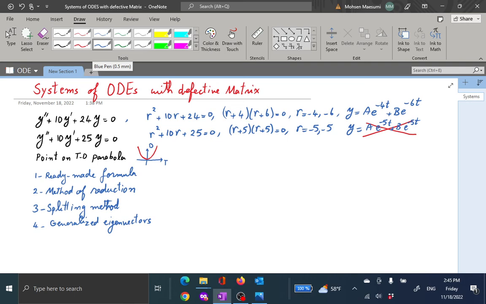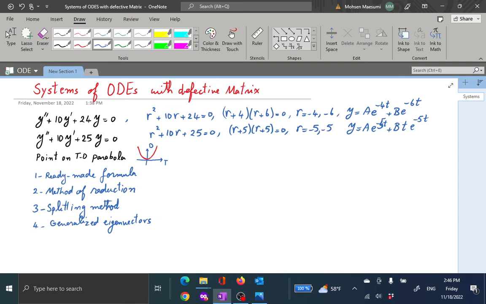At that point we said, well, the simple solution here is a recipe. We just gave the recipe and we said we have y is equal to exponential of minus 5t, and then the second function you have to multiply by t.